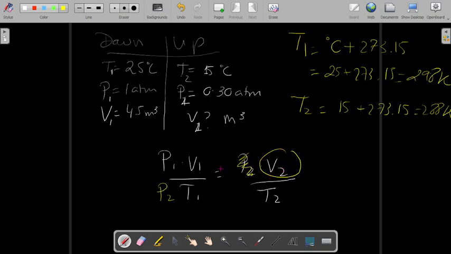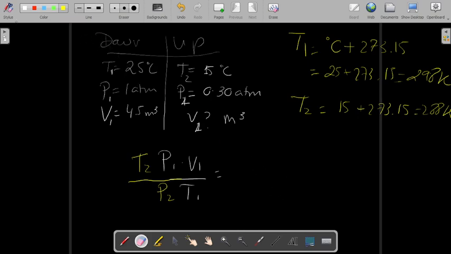Whatever is multiplying goes on the other side dividing, and anything that's dividing goes on the other side multiplying. So you have your formula. I'm going to erase it and write it again because it looks prettier. So volume 2 is temperature 2 times pressure 1 times volume 1 divided by pressure 2 and temperature 1.